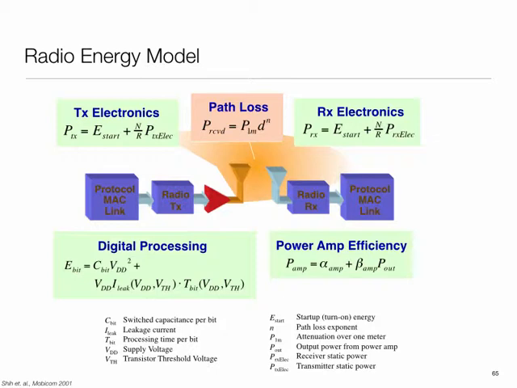So if we look at how the electronics on the transmitter side is going to behave, imagine the following: I'm sending packets. My radio was asleep. I decided to send a packet, so I have to wake up the radio. I'm going to pay some startup cost, and then I'm going to send the packet out.